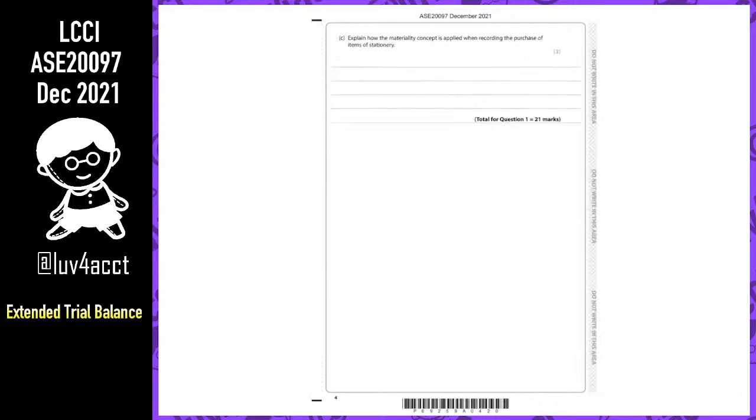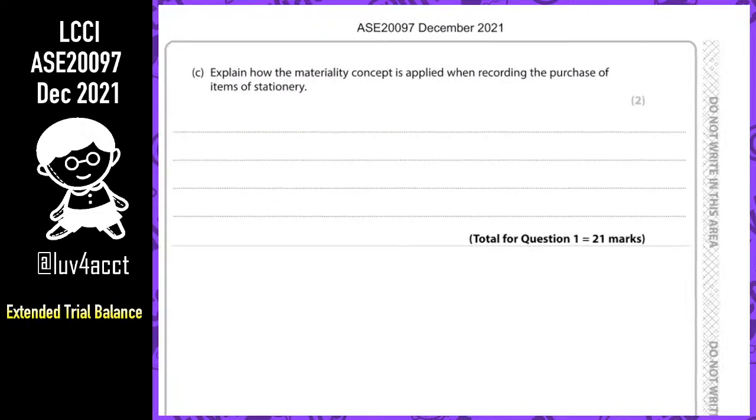Next, we have to explain how the materiality concept is applied when recording the purchase of items of stationery. Materiality concept, I have to say, usually we focus on just one part of the materiality concept, because in these exams it is usually like that.